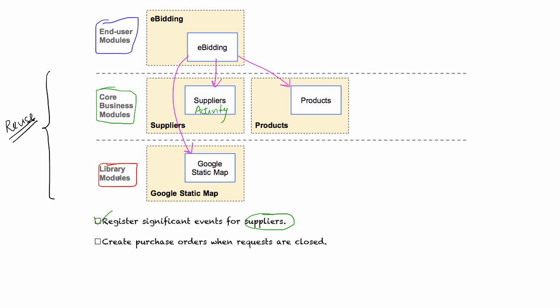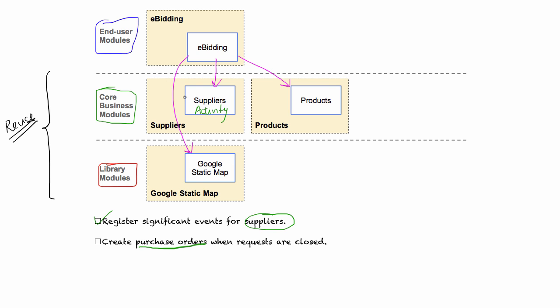Second question, is this business related or is this generic? In this case, I want to create a purchase order. So the purchase order here, again, this is a business concept. So I want to place this functionality again in this middle layer, in the core business modules layer. Now, do I have a module already to handle purchase orders?